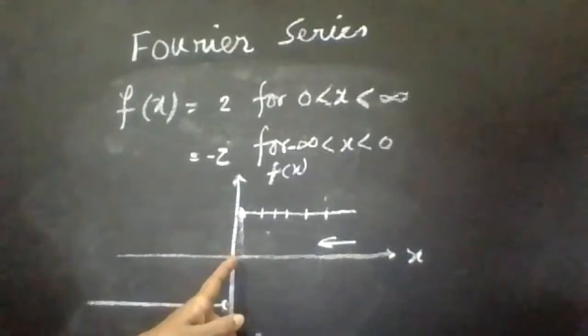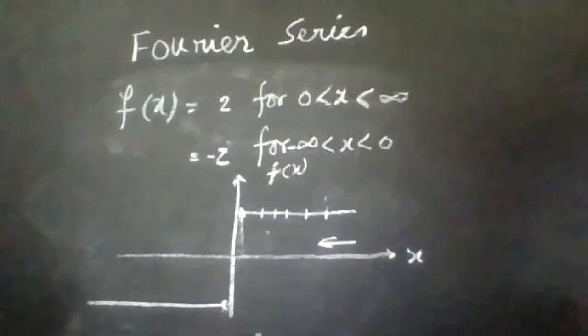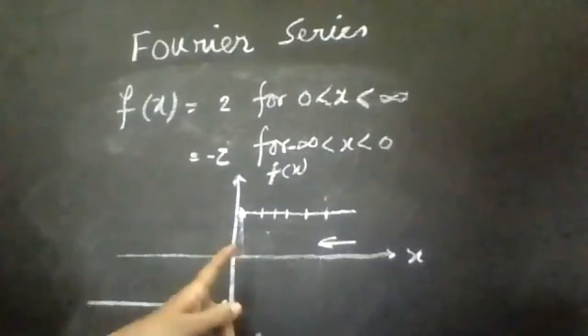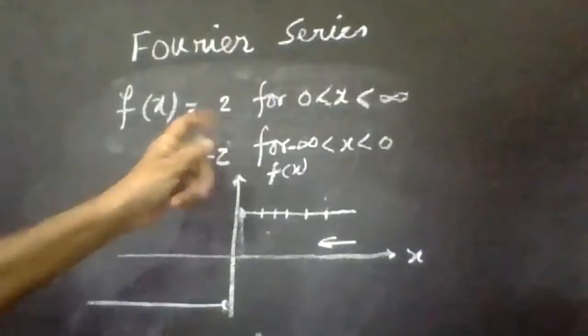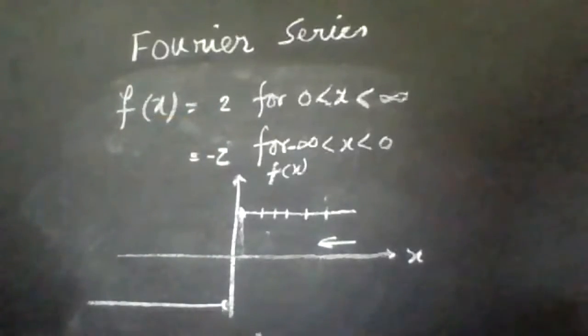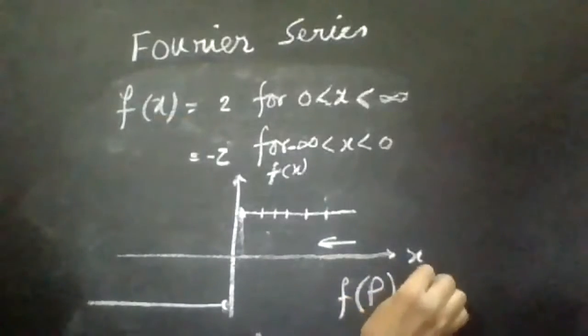So to you it means that you are at the 0 position, but mathematically you are not at the 0 position. And you can see from this definition its value is 2. So if I write f rho, its value is 2.